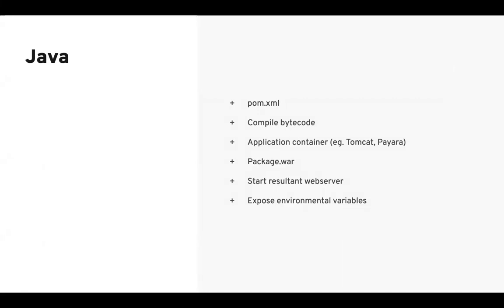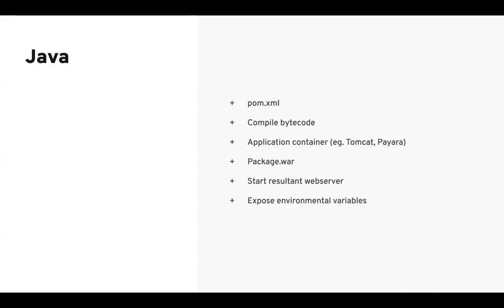And there's a lot of richness around there that anybody from the Java world is familiar with. Then you choose an application container like Tomcat or Payara. You might put your package.war or jar into that and run it. And there are different ways of doing that that you can describe in the POM XML. Then you start that web server and expose the environmental variables.